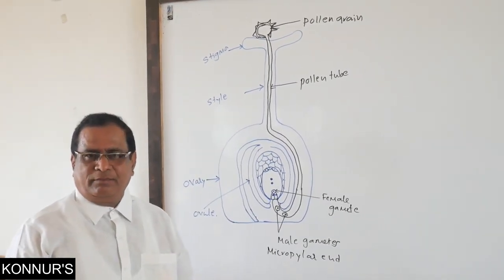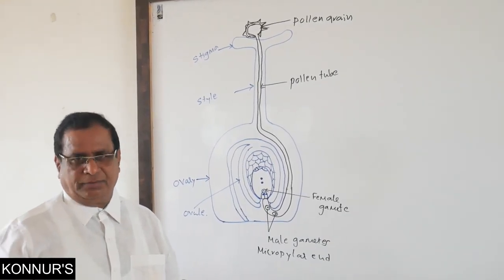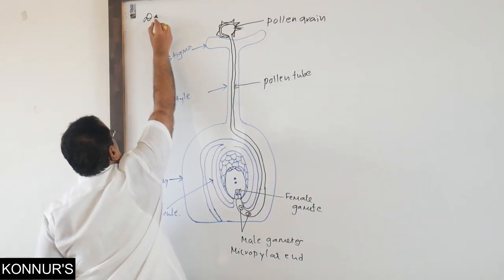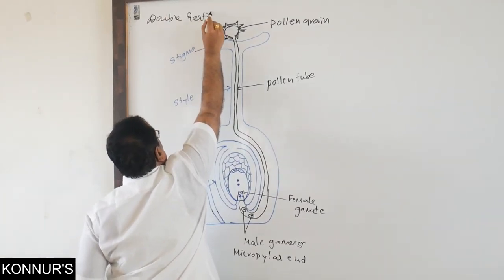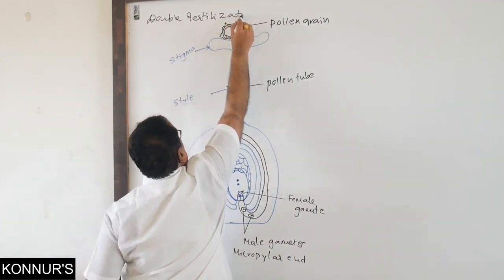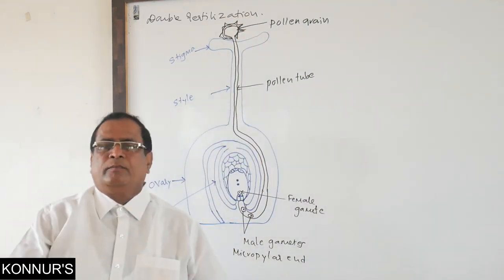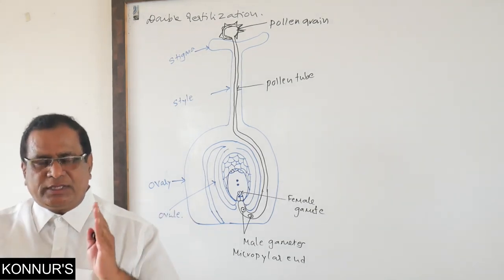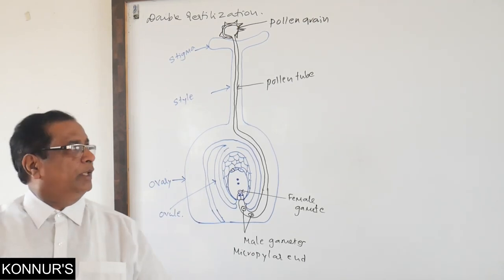Now it's time to discuss double fertilization. Double fertilization is a unique type of fertilization which takes place in angiosperms.